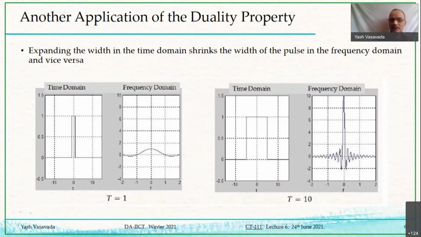And so you can see that the pulse became narrow. So if I expand the width of the signal in the time domain, the width in the frequency domain shrinks. Or the other way is also true, that if I shrink the width of a time domain signal, then the frequency domain width expands.